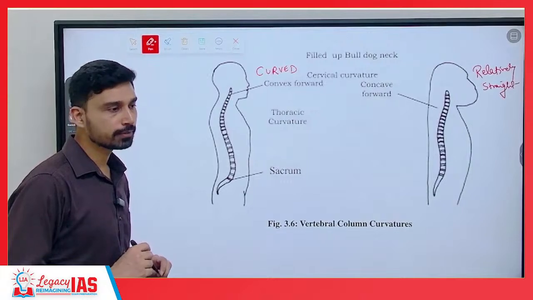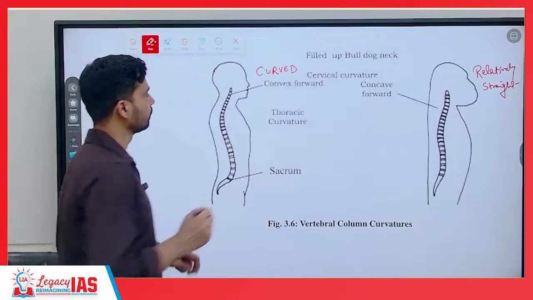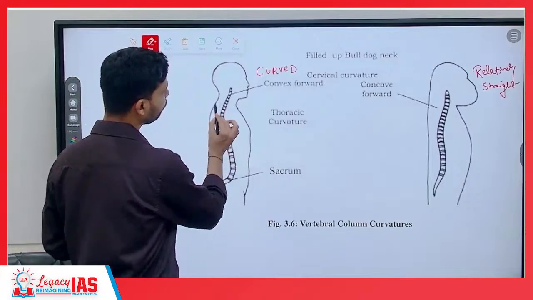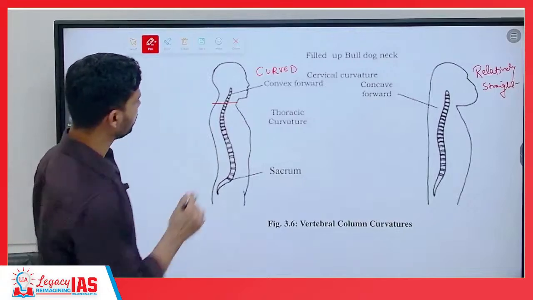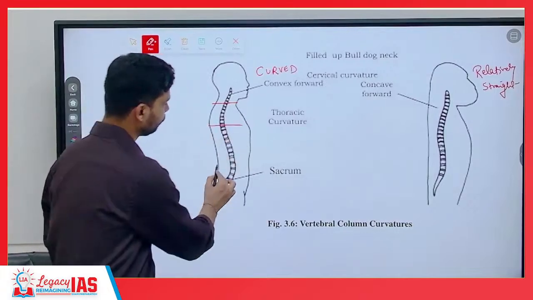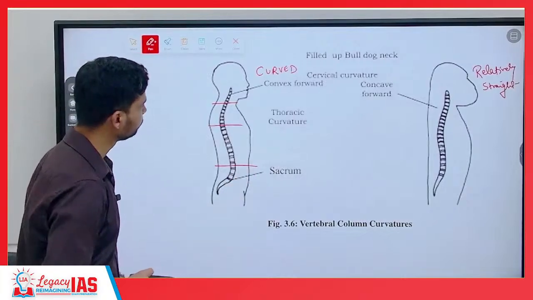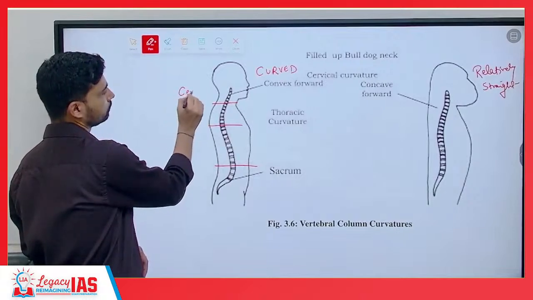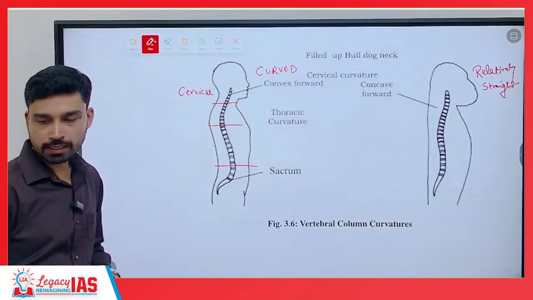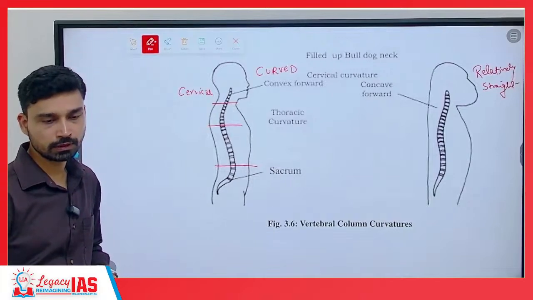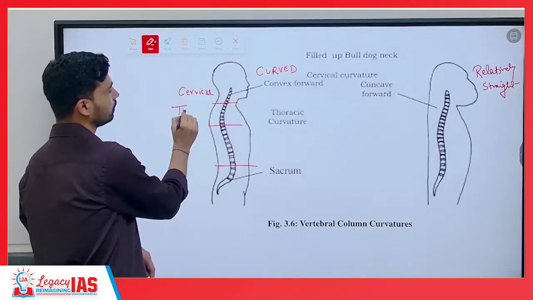Then the next point: in humans, we can make 4 divisions in the spinal column. The first is called the cervical column or cervical curve.